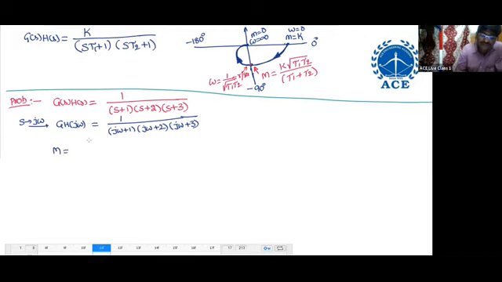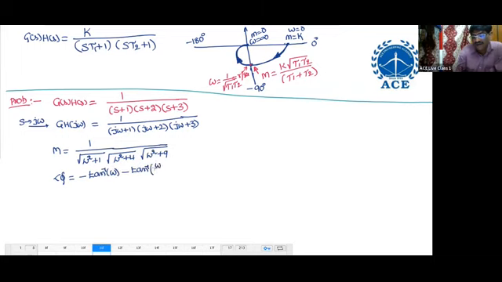Magnitude is 1 by root of (omega square plus 1), (omega square plus 4), (omega square plus 9). Phase angle is minus tan inverse omega, minus tan inverse omega by 2, minus tan inverse of omega by 3.